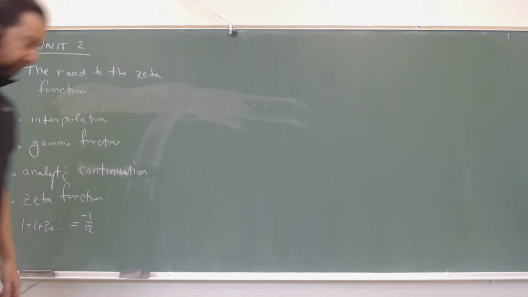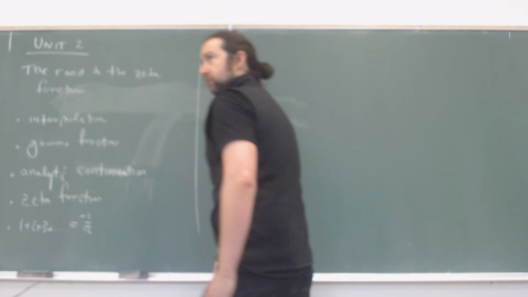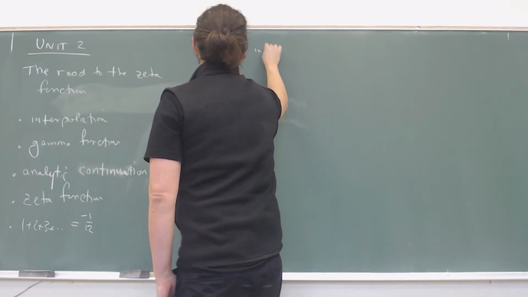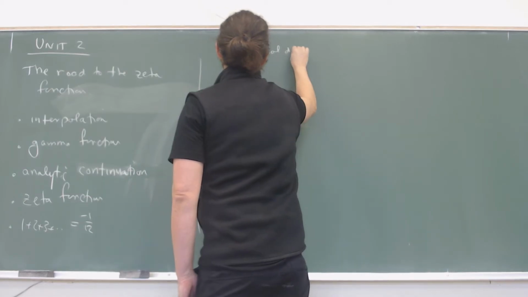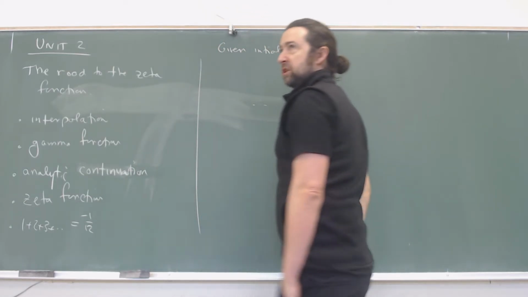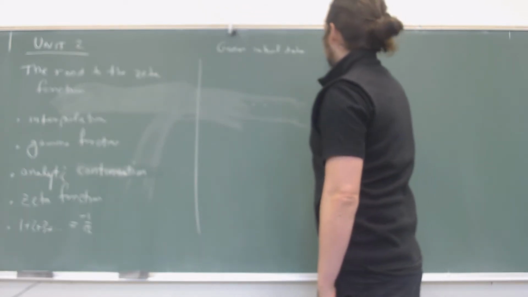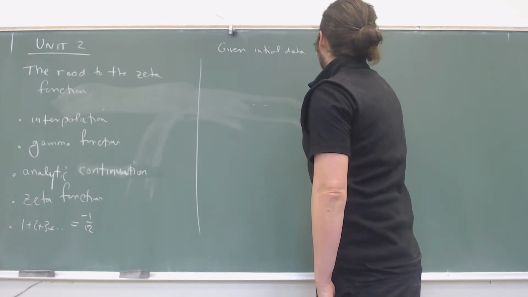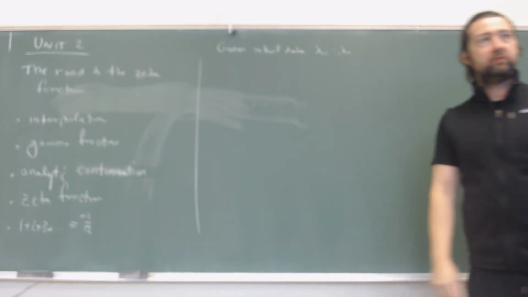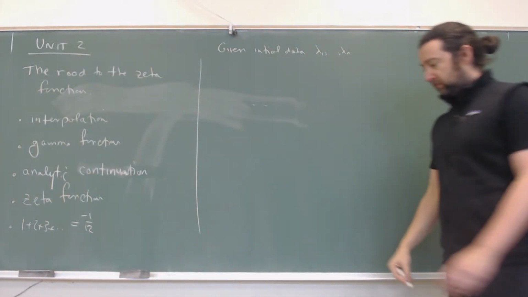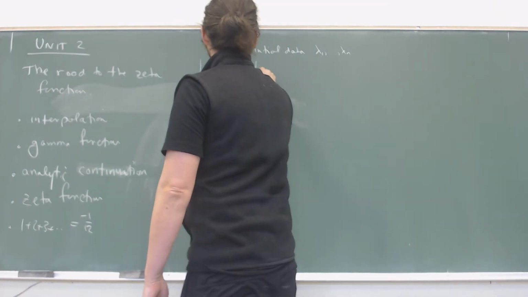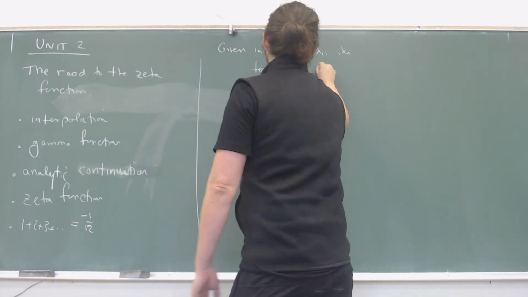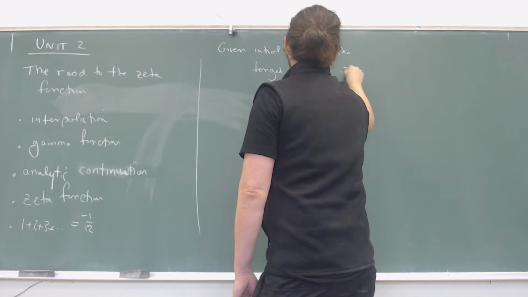Okay, so an interpolation problem means this. You are given what is sometimes called initial data, so maybe we'll call it lambda 1 up to lambda n, which are inputs. And you're given target data, so we'll write it z1 through zn.